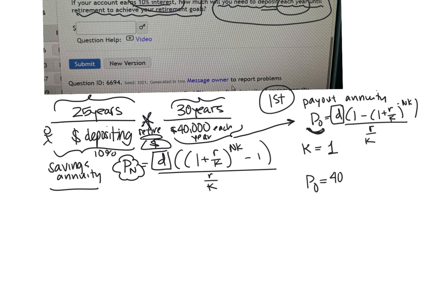We know that we're going to withdraw $40,000 every year, and our interest rate is 10%. We write that as 0.10 over K. Then negative NK, we're doing this for 30 years of retirement, so it's 30 times 1, so we can just write 30. And this is all over 0.10 over 1.